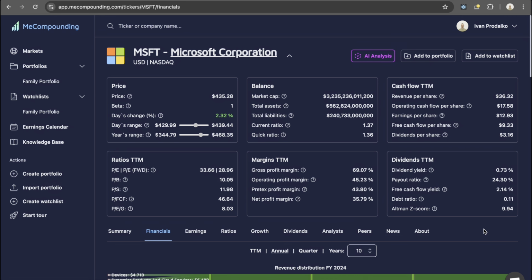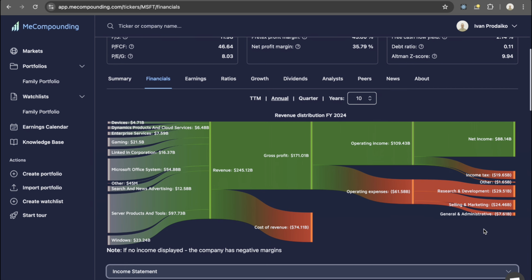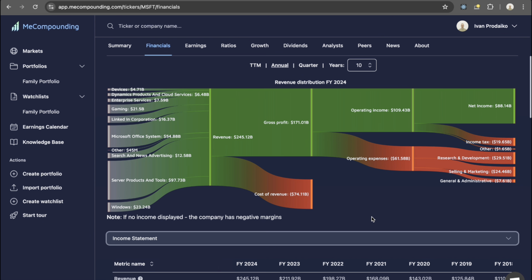A good way to understand the income statement is to draw a Sankey chart. So a Sankey chart includes all of the revenue streams that a company possesses and the distribution of the revenue. So here is an example for Microsoft Corporation for the full year of 2024.